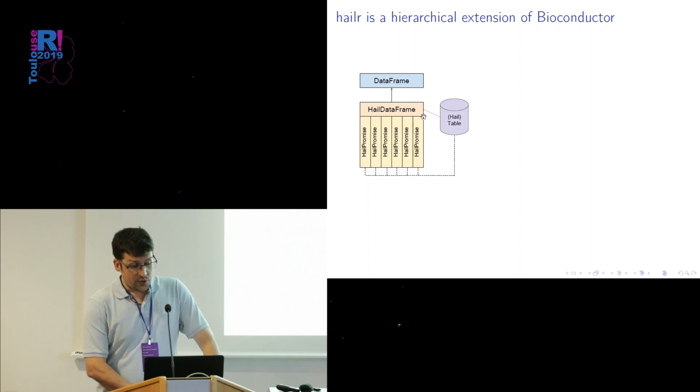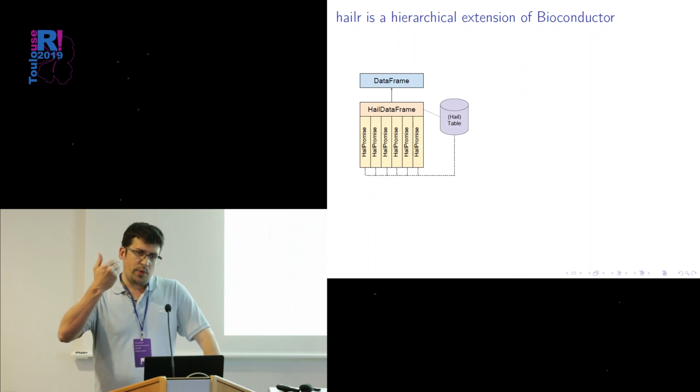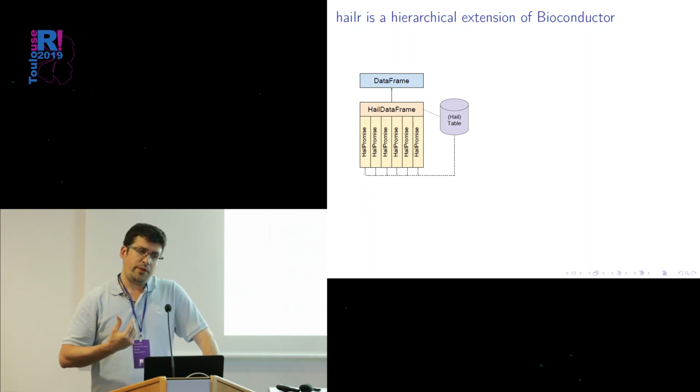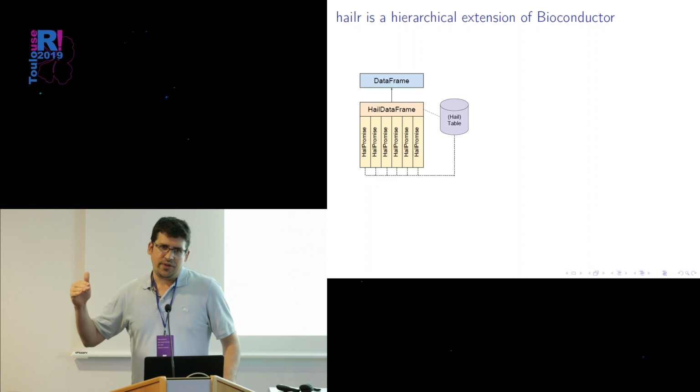And what we've done is we've extended this data frame with the Hail data frame, and we can also put in these Hail promise objects as columns, and all of these things are tied to the underlying Hail table, so that we can operate at the column level, but also for tabular operations, we can pass those directly at the high level to the Hail table for optimization.